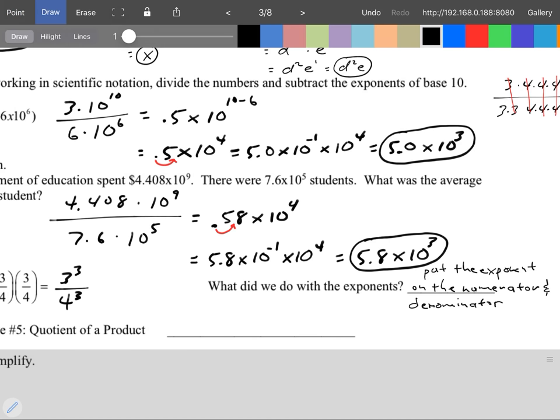So this one would look something like A over B to the n power. That would equal the numerator to the n power over the denominator to the n power.